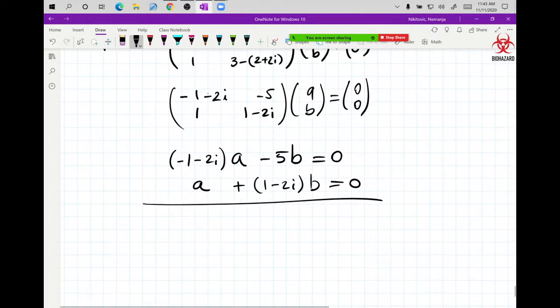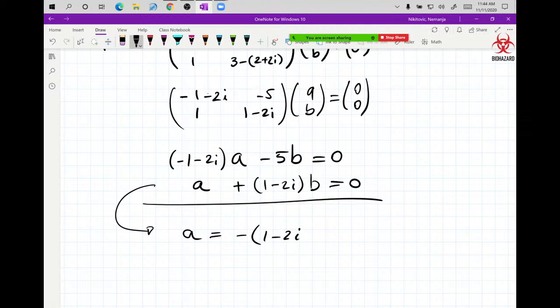And now you can pick any of these equations to work with to come up with what a and b should be. Now, clearly the second equation is easier than the first one because you already have a single value there, and that's what we like. So from the bottom equation, we have that a is equal to negative 1 minus 2i times b.